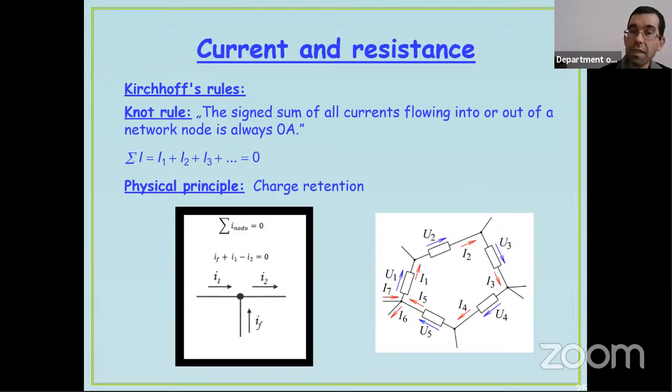This is a kind of signed sum, so that the incoming currents have a positive sign, and the currents leaving the junction have a negative sign. Or if we work with the absolute values, we can also say that the currents coming into the junction are equal in magnitude to the sum of the currents leaving the junction.